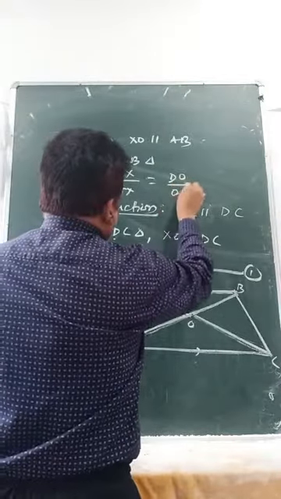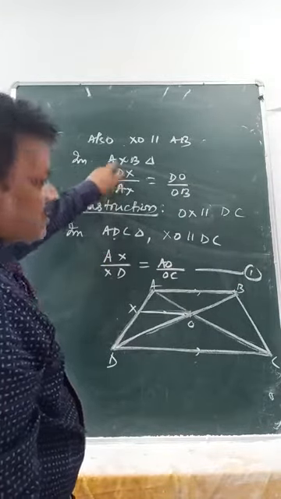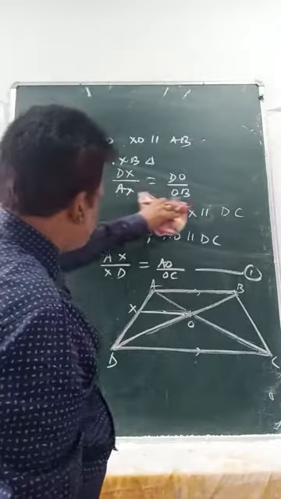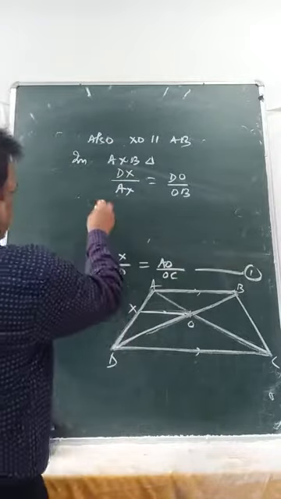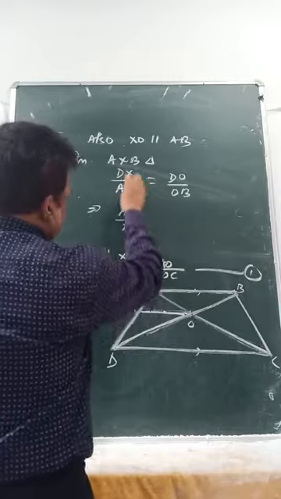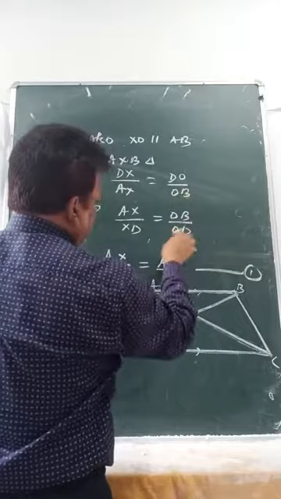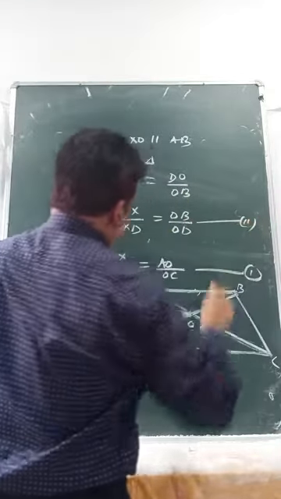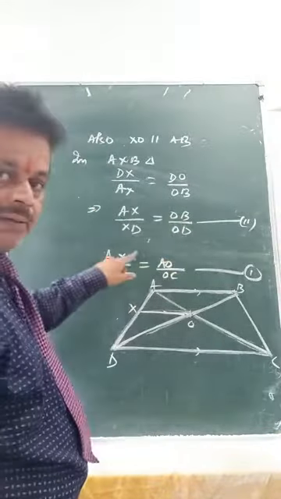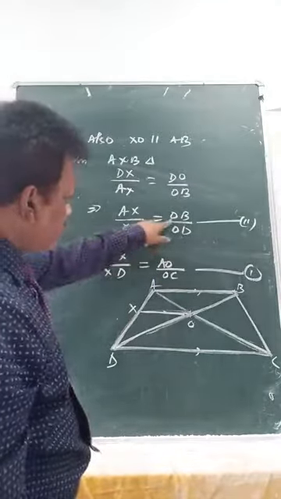Look, you need AX by XD, so I will invert it. Inverting means AX by XD is the reciprocal, OB by OD. DO and OD are the same. This is equation number 2. Now look, AX by XD equals OB by OD, and AX by XD equals AO by AC. With these two being equal, these two will also be equal.